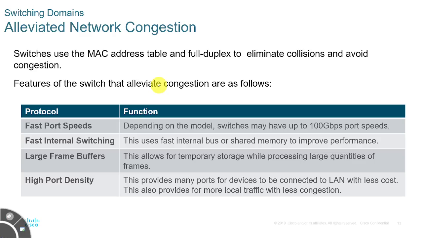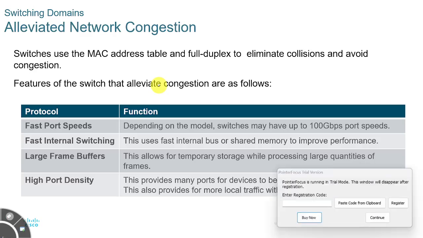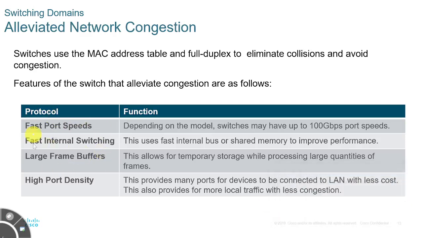We encourage using switches with full duplex settings to eliminate collisions and to avoid these congestions. So how can we alleviate? We can use these protocols or choices in order to decrease the congestion.